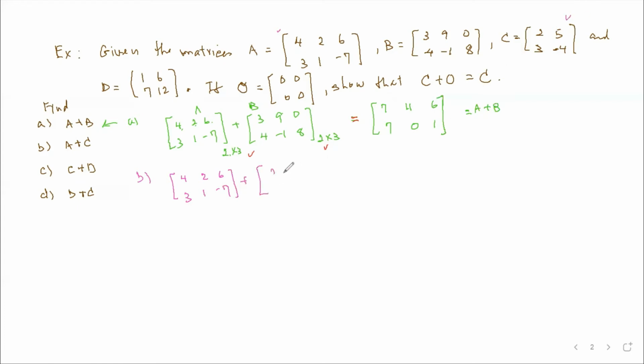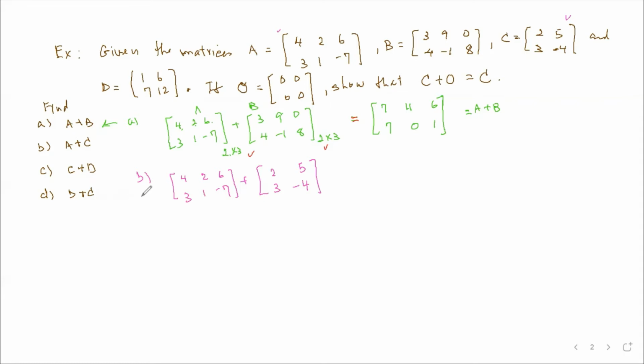So you write down 2, 5, 3, -4. Then how to do? Don't forget you have to observe the order first. They do have the same order or not, right? If they don't have the same order, you can't subtract or plus, okay?